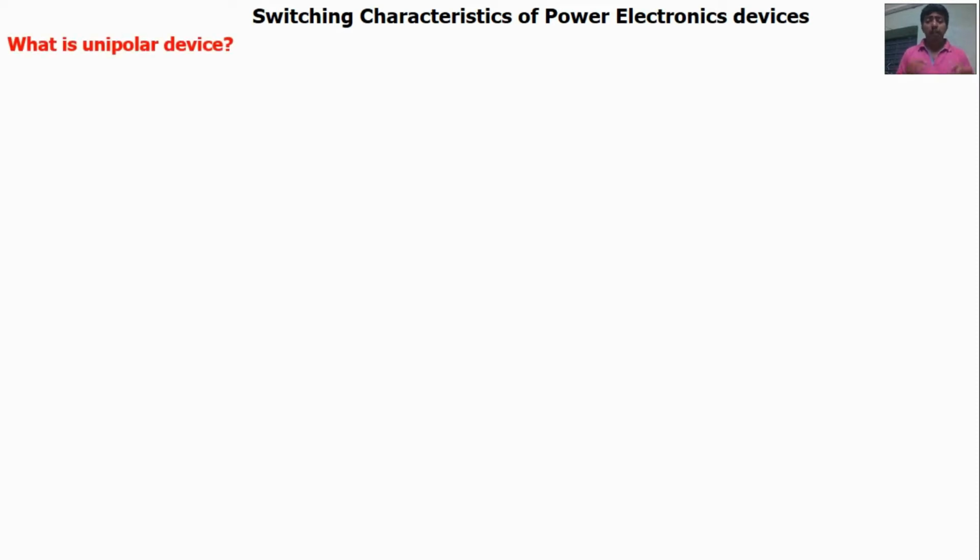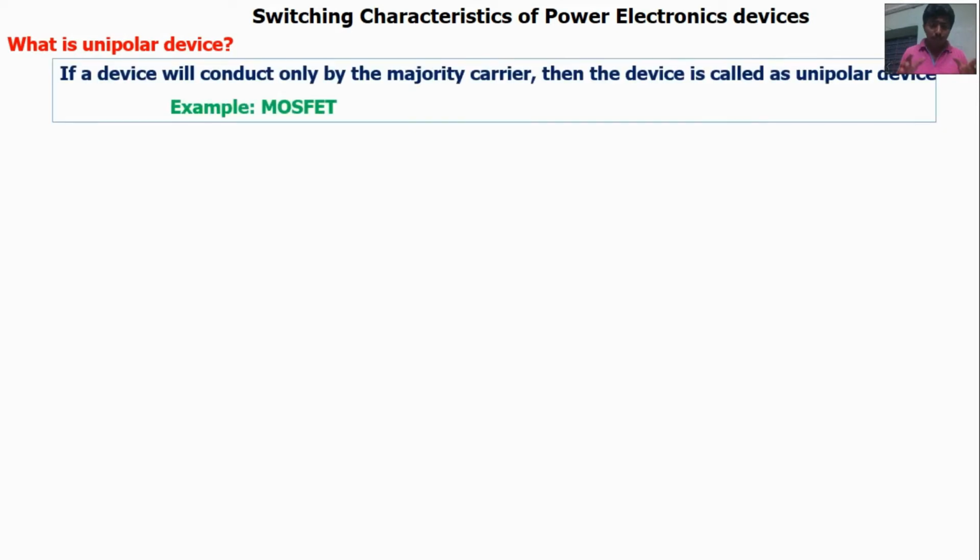Unipolar device means, based on the basic electronic concepts, the unipolar device is defined as: if the device conducts by only the majority carrier, maybe the majority carrier may be holes or electrons, then the device is called a unipolar device. For example, MOSFET is a unipolar device because the MOSFET has two types.